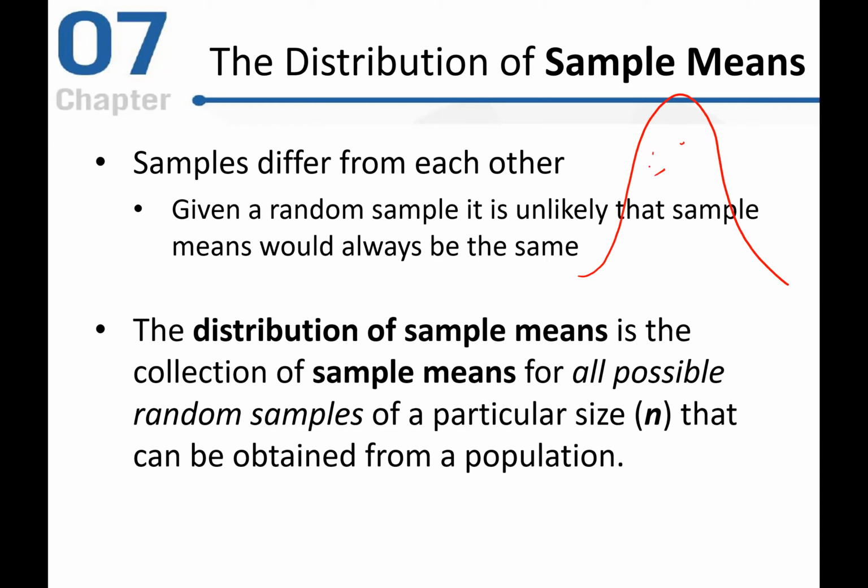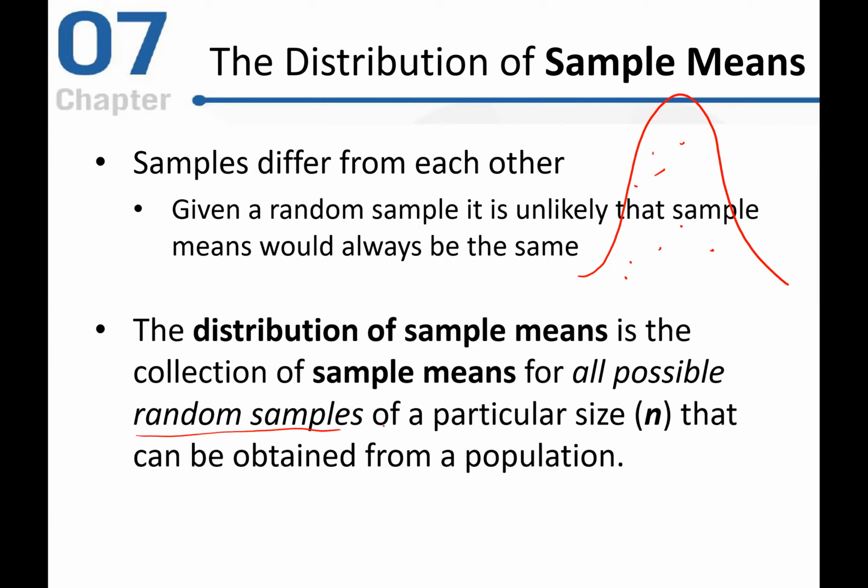All the points in here previously were just individual scores. Now all those points making up the distribution are actual samples, and specifically, they are sample means. So the distribution of sample means is the collection of sample means for all possible random samples.